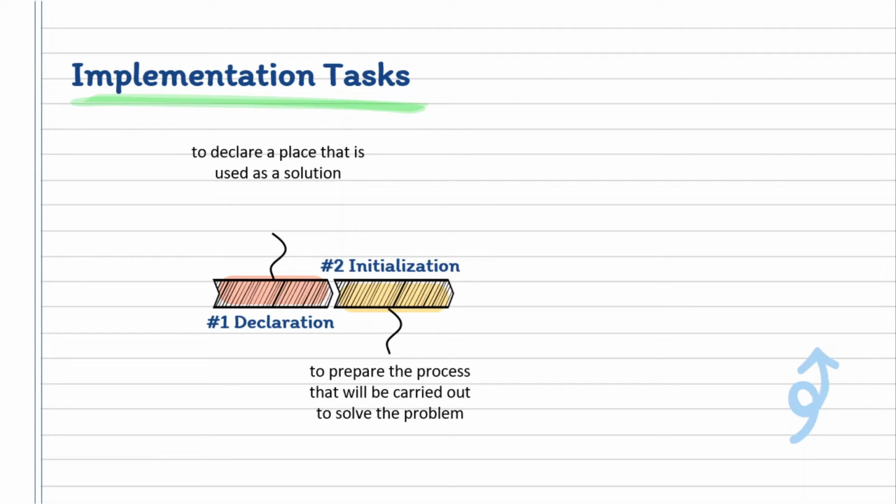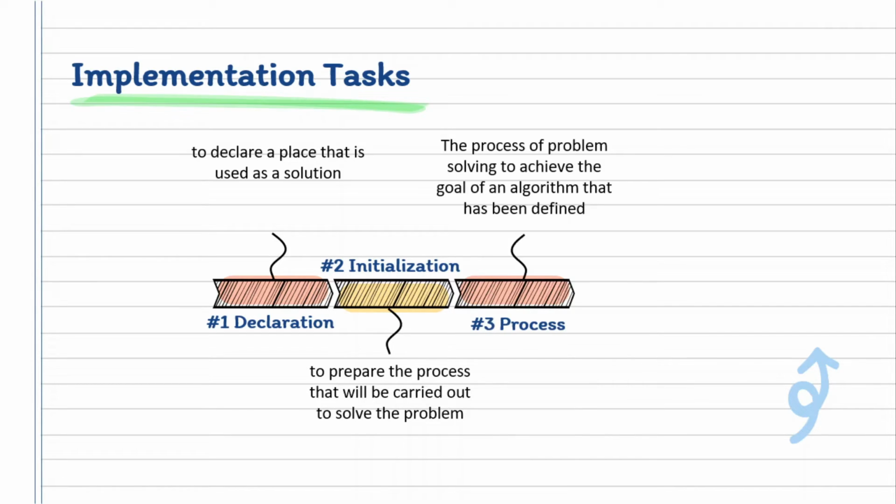And the second is initialization, a step to prepare the process that will be carried out to solve the problem. The third step is process. This step is the process of problem solving to achieve the goal of an algorithm that has been defined. And the last step is finalization. This is the clean up step or final step.